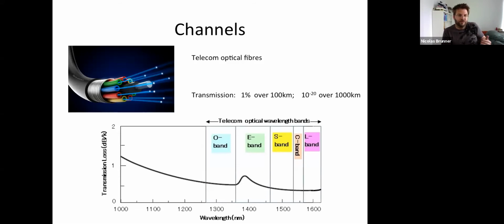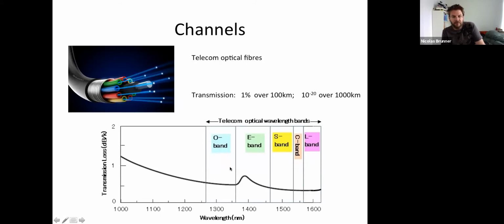So information also arrives encoded in light. But there we talk about millions or billions of photons, right? So what we want to do here is very different because we just want to use single photons. But nevertheless, if you have a single photon at the right frequency, you can use optical fibers extremely well, right?